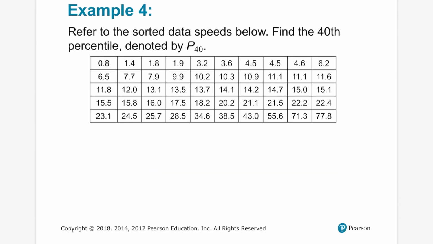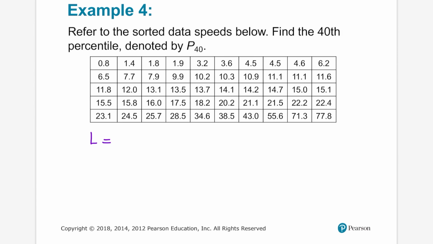Example 4. I have a table of 50 values, and they want me to find the 40th percentile, or the P40. So the first thing I'm going to do is always sort it from the smallest to the greatest. And then I am going to find L, which is my locator.